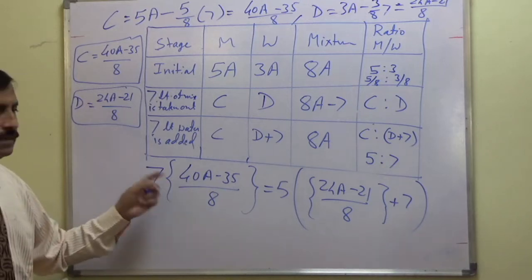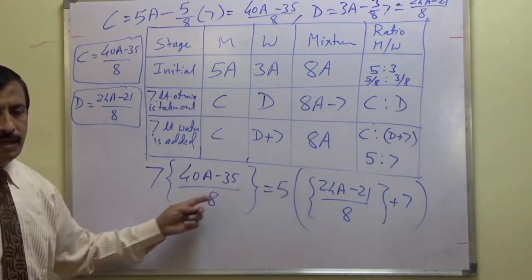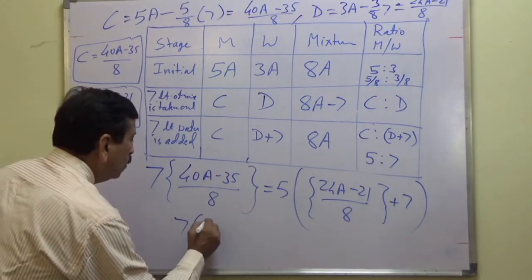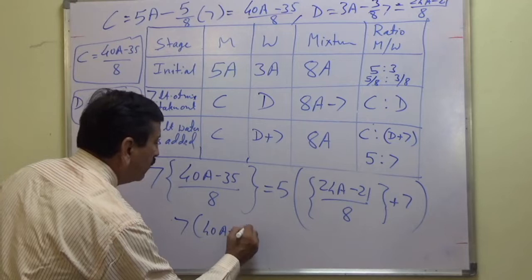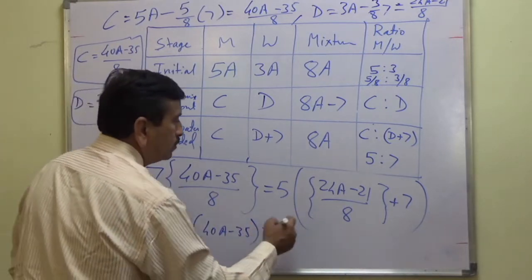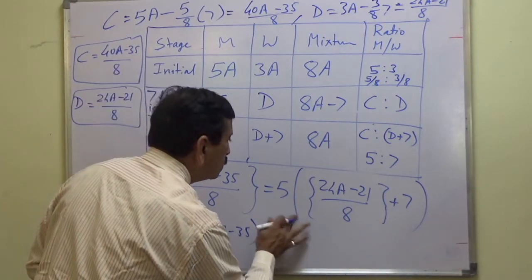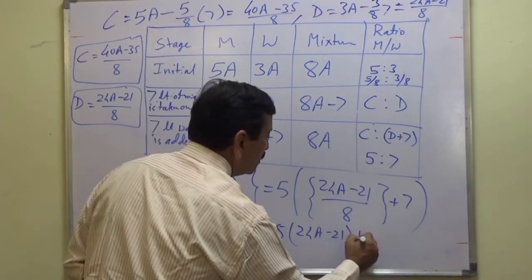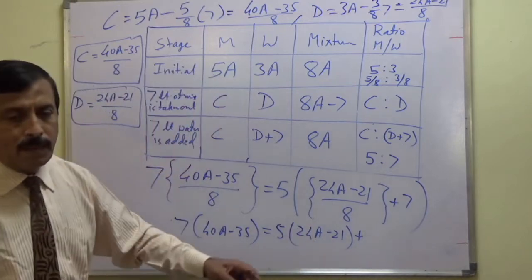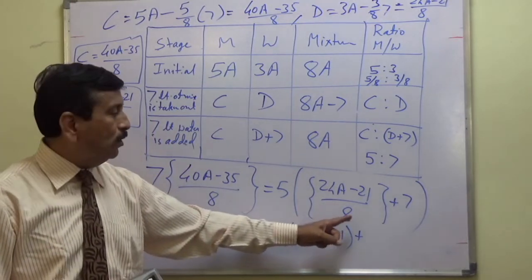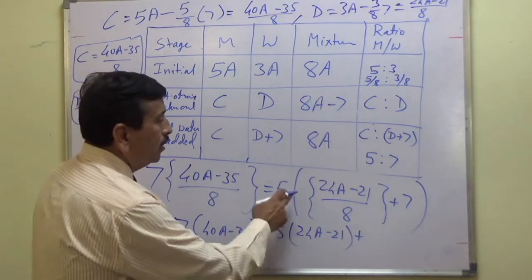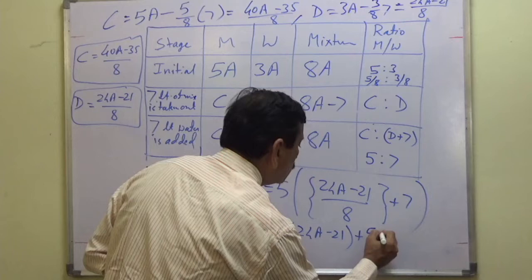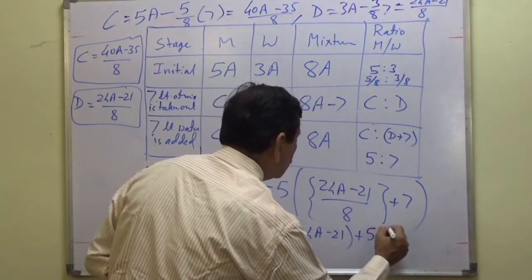Now if you simplify this, multiply the entire equation by 8, what I will get? 7 into 40A minus 35 is equal to 5 into 24A minus 21 and plus this 8 into the 5 is outside, okay, 8 into this 56.